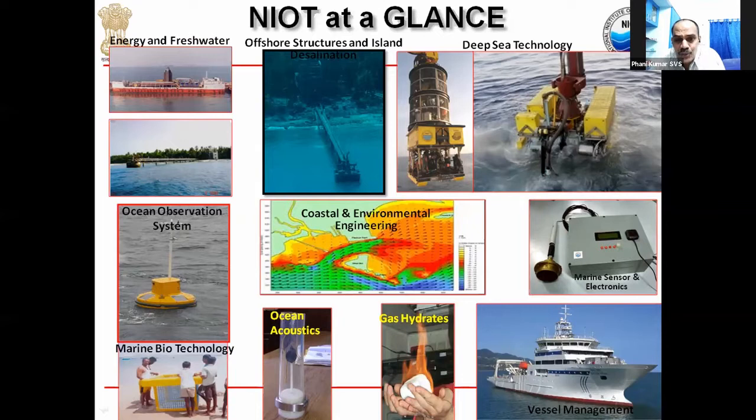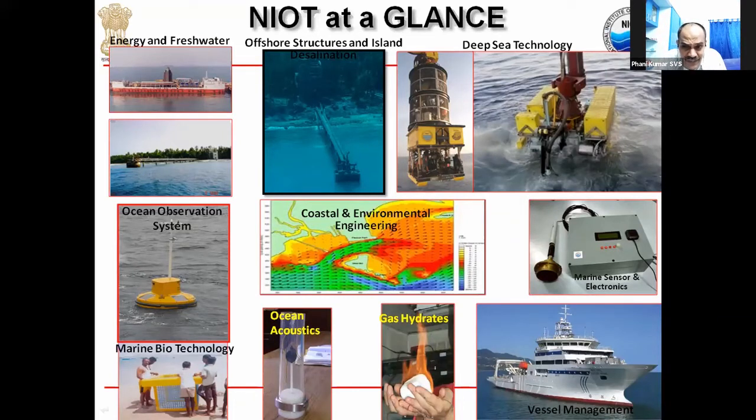And also we have a program on gas hydrates where Krishna Godavari Delta, on the seabed, we have some huge amounts of gas hydrates, and we are developing technology where we'll be able to assess how much is there, and also in future, very distant future, extracting them.